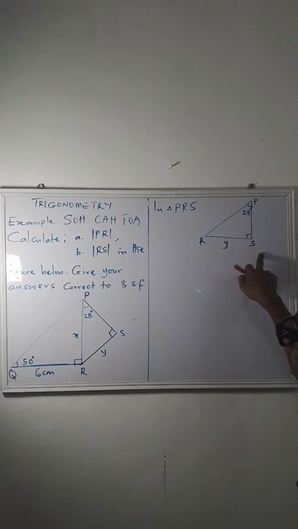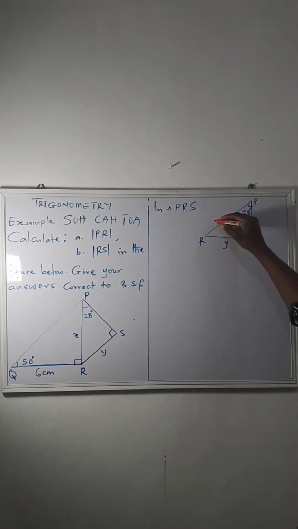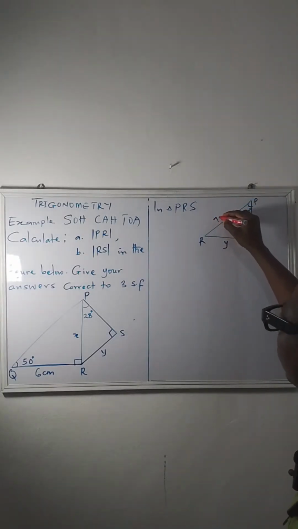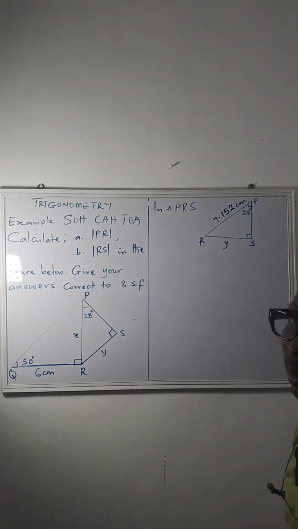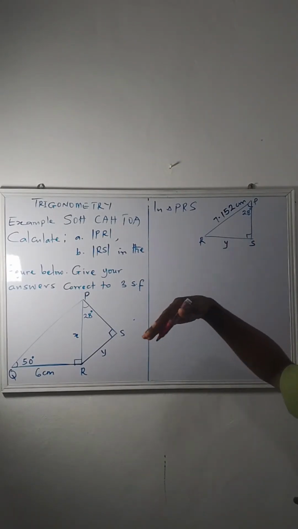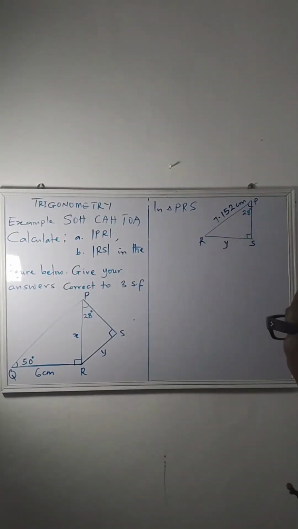Okay, and now we just calculated PR, which is 7.15152 centimeters. You don't need to use the approximated value. You can use the four-figure.